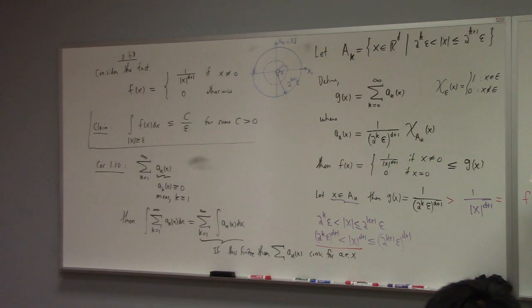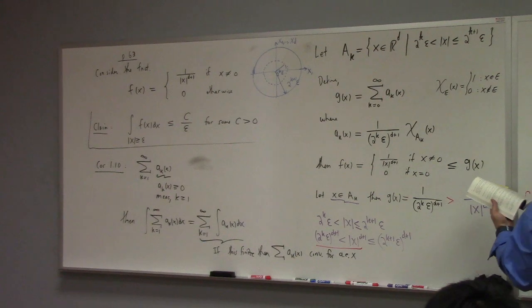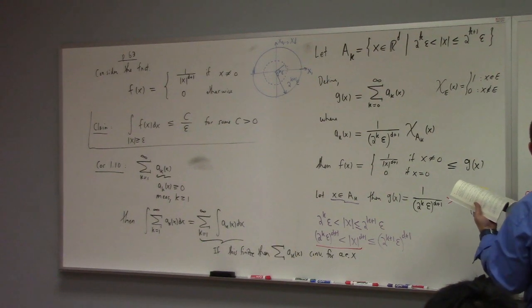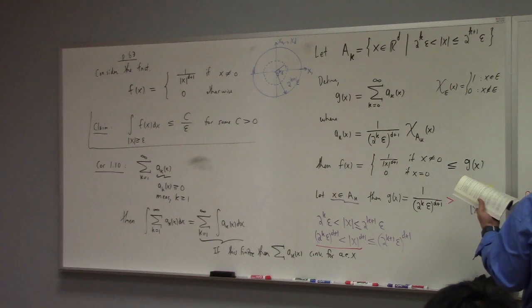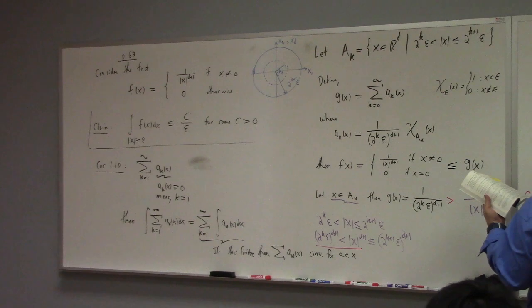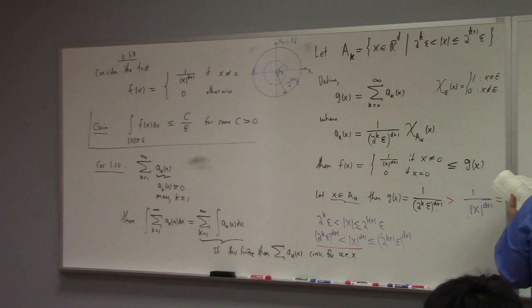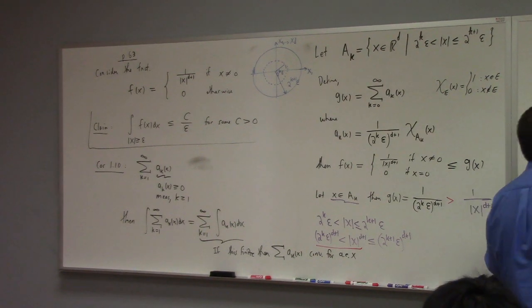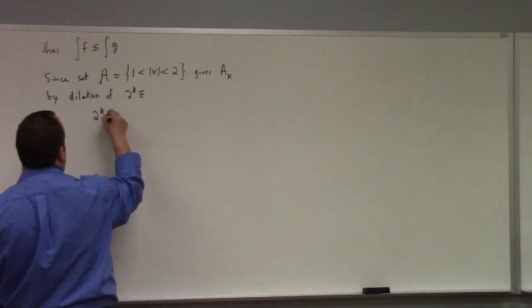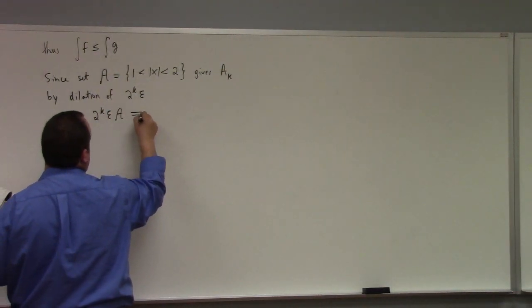So he says this gives A sub k by dilation of what? 2^k epsilon, right? If we look at 2^k epsilon times A, we get A sub k.